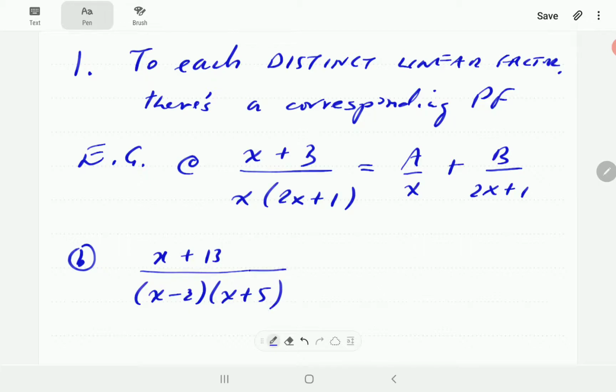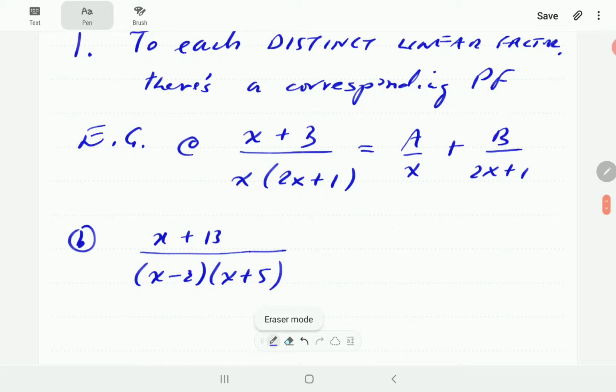Again, we have two distinct linear factors in the denominator. So the first partial fraction is going to be A over x minus 2, and the second partial fraction is going to be B over x plus 5, and then we find the constants A and B.